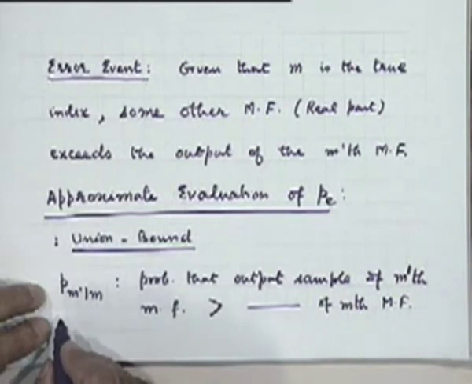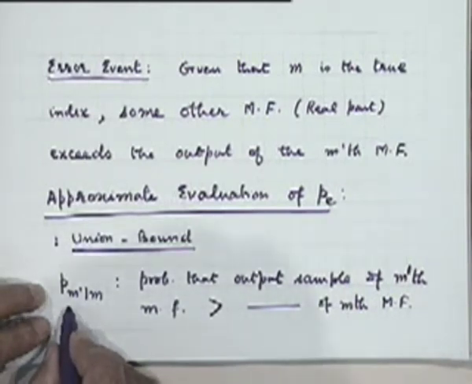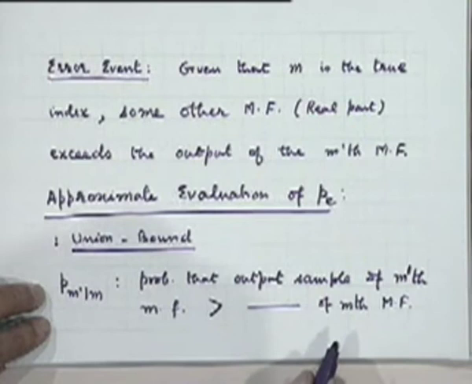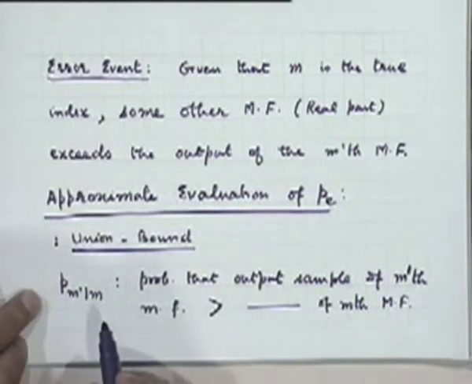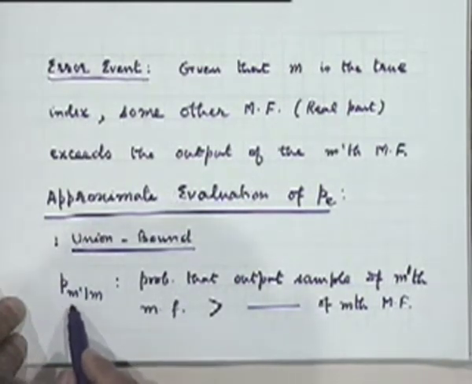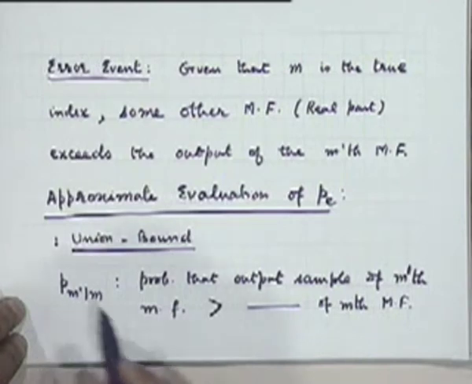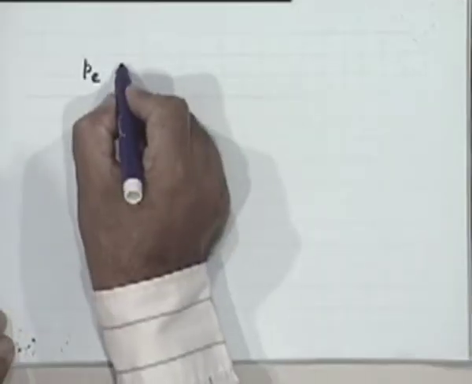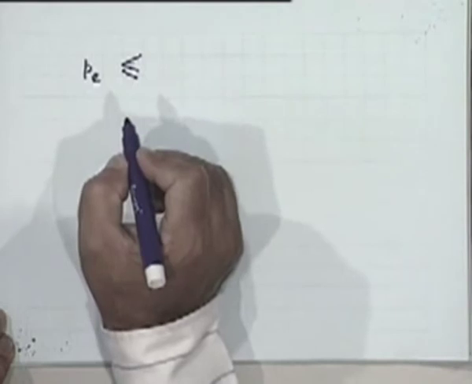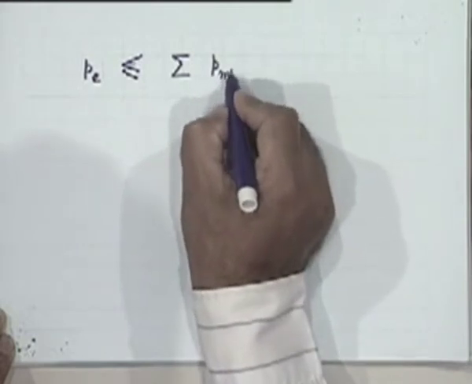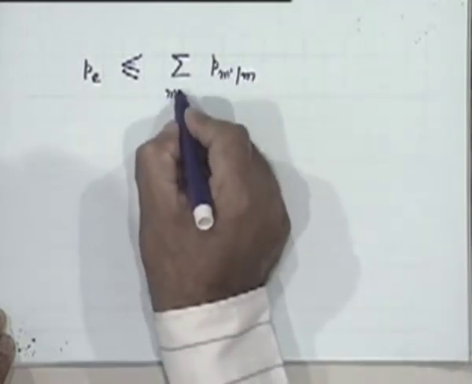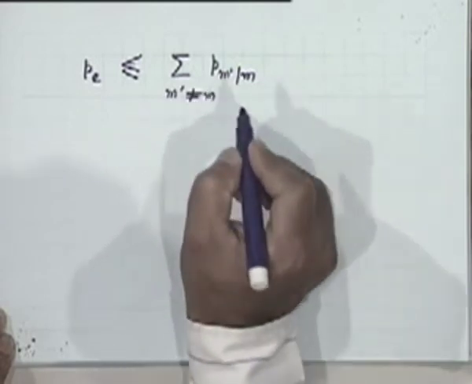This indicates the probability that some other match filter m prime is producing a larger output than the mth filter. Then what the union bound says is that the overall error probability will be simply the sum of all this for different values of m prime not equal to m. So the union bound tells us that P sub e is less than or equal to, because it's pessimistic, the sum of all these conditional probabilities for m prime not equal to m.